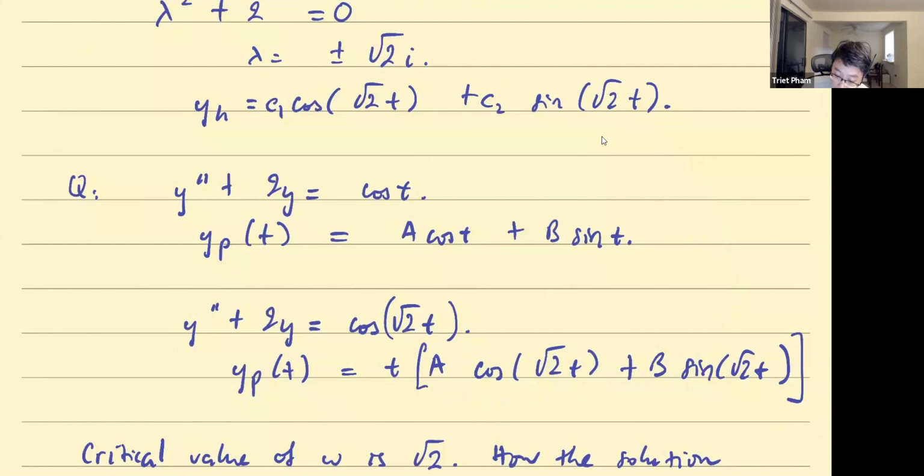And here, exactly because the frequency coincides with the natural frequency of the system, you must multiply with a t to get it out. And that changes the behavior of the solution in general. Okay.